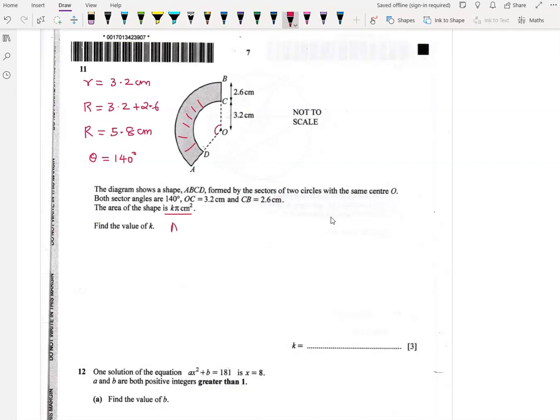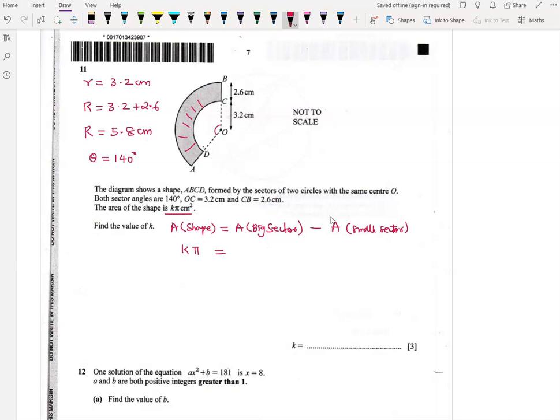So the area of the shape is area of big sector minus area of small sector. Now, area of the shape is already given to us. The area of the shape is K pi.